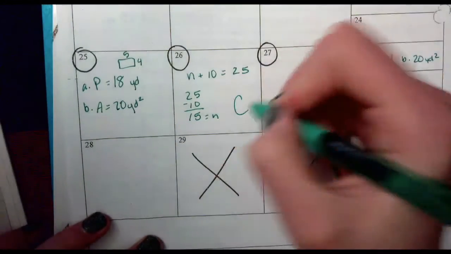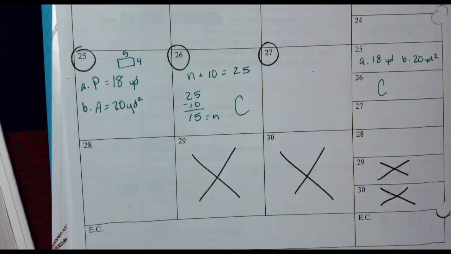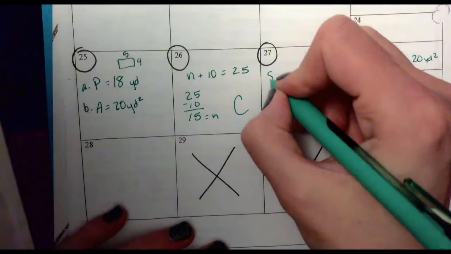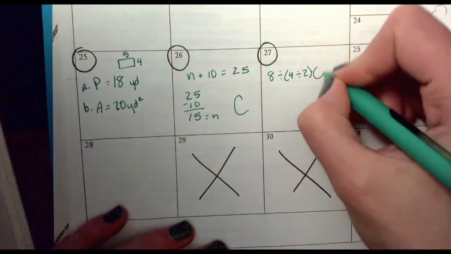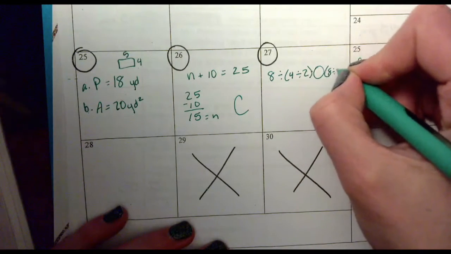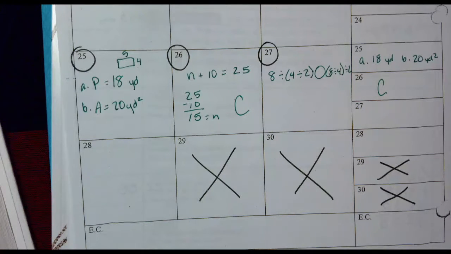27. Compare 8 divided by 4 divided by 2 compared to 8 divided by 4 divided by 2, with the parentheses in different places. Remember, parentheses first, because those selfish parentheses say me first.